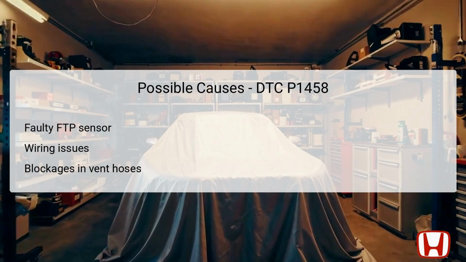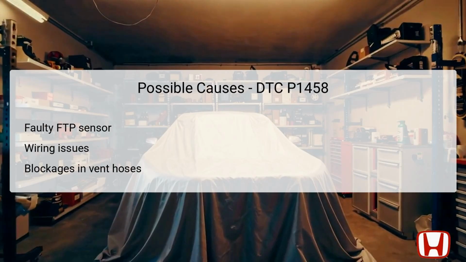Several factors may lead to the P1458 error code. A faulty FTP sensor itself is a common cause, which may produce altered readings or no readings at all. Wiring issues like short circuits or frayed wires can interrupt the transmission of data to the ECM, causing the DTC to trigger.